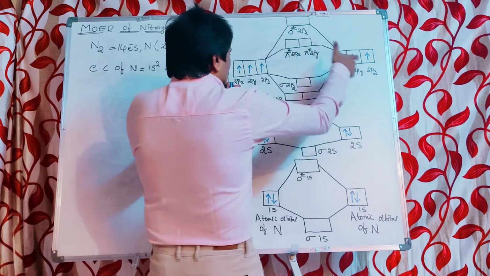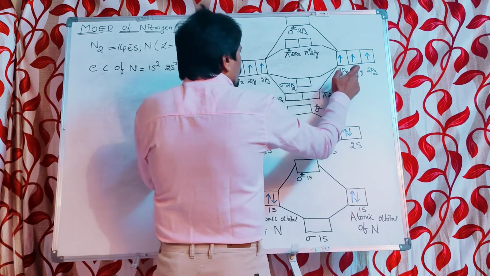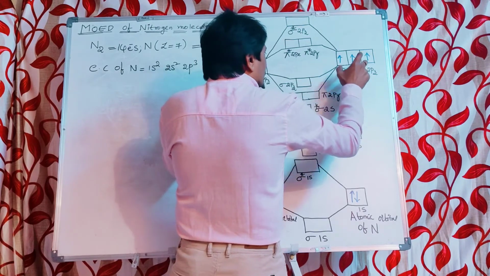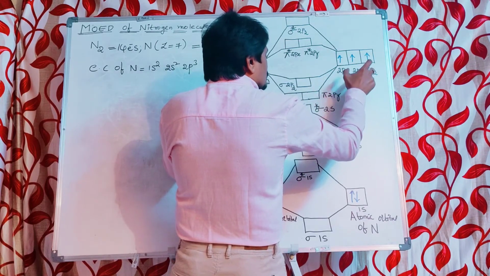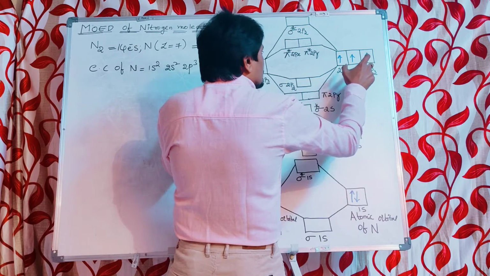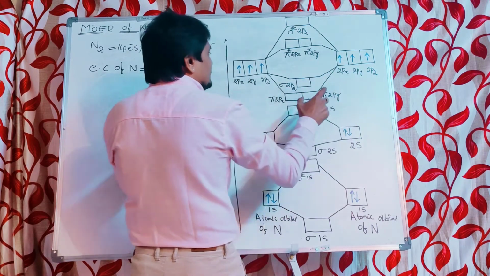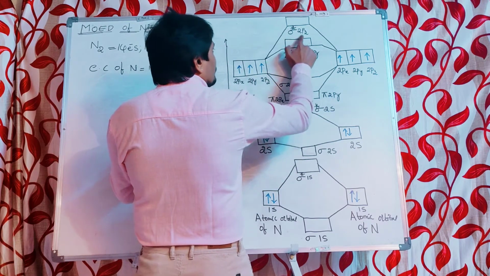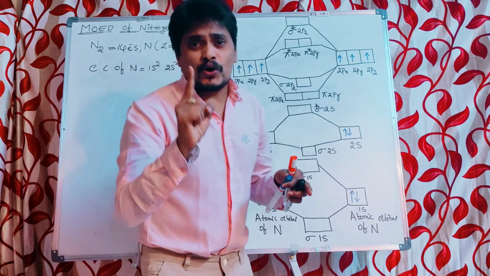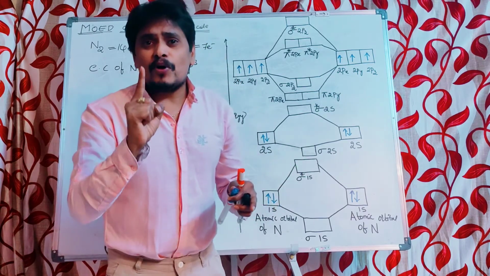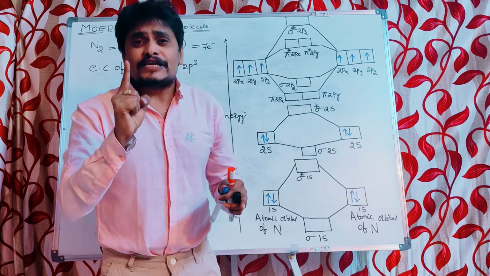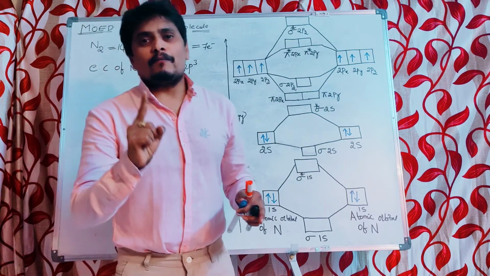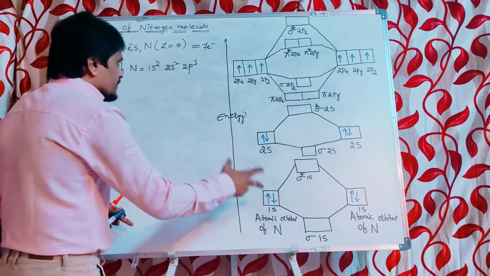And the six atomic orbitals, 1, 2, 3, 4, 5, 6, of the two nitrogen atoms combine to form six molecular orbitals. Because the second molecular orbital postulate says the number of molecular orbitals formed is equal to the number of atomic orbitals combined. So accordingly, we are going to that.